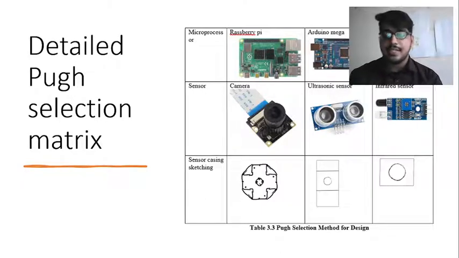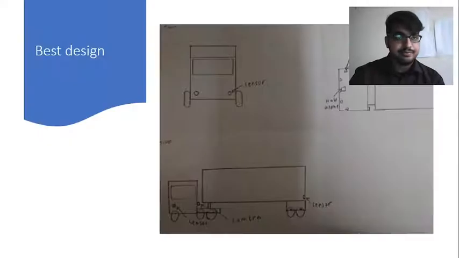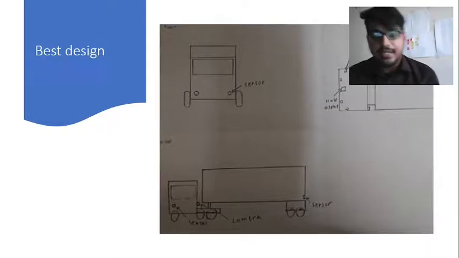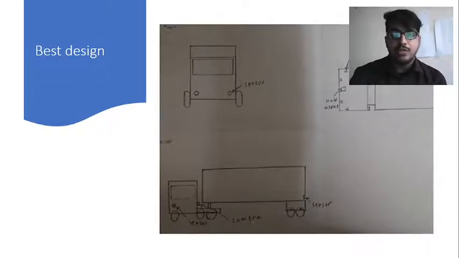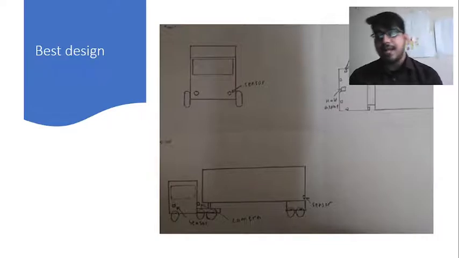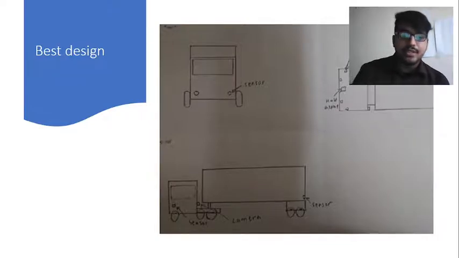And then for the sensor casing, there are three designs. We can mix and match to find the best design across all aspects. So the best design is simple. There will be four sensors on the head of the truck, two sensors behind the truck, and two cameras in between.